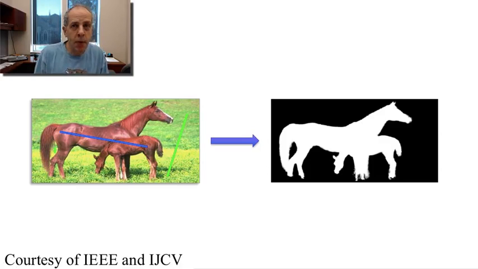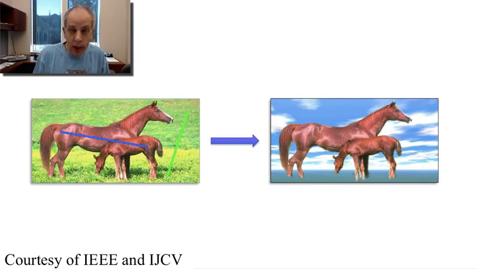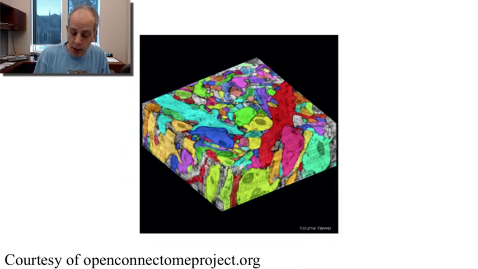Sometimes this type of segmentation is called foreground-background separation. Once we do that, we can, for example, change the background, something that is done very often in the movie industry, changing the background of different scenes, as we're going to see in a second. So this is foreground-background separation.